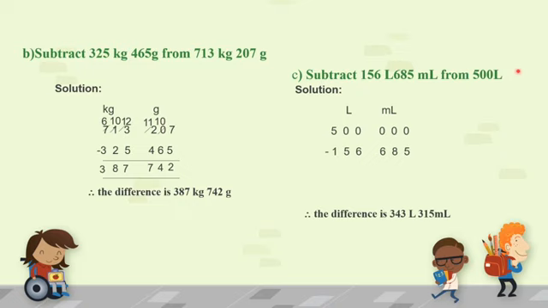Nothing is in milliliter. So what are we going to do? We're going to put 3 zeros. Since milliliter is represented in 3 digits, we will write 3 zeros over here. And then we will write the next number which needs to be subtracted: 156 in the liter column and 685 in the milliliter column.